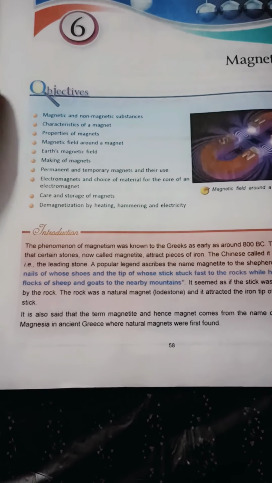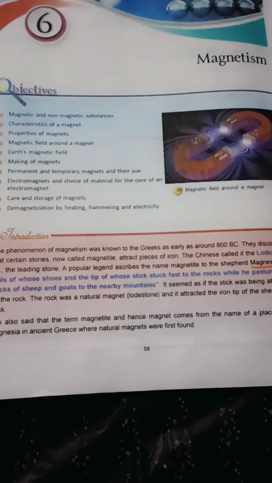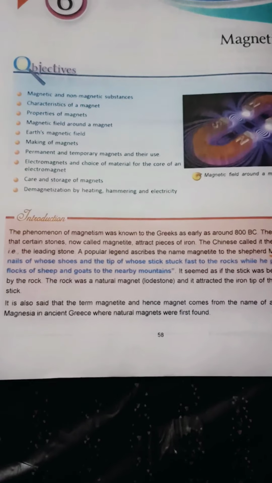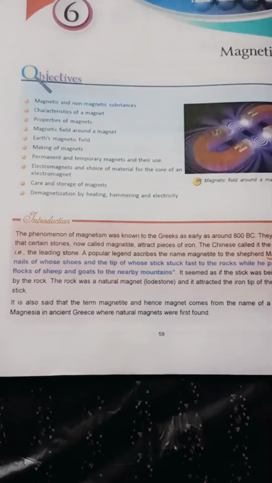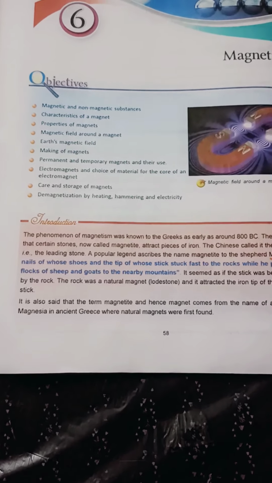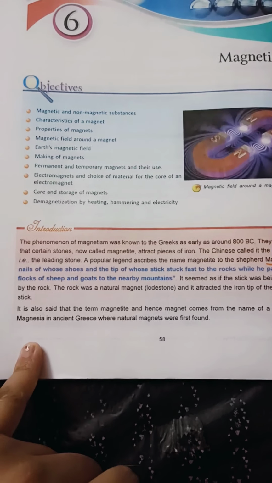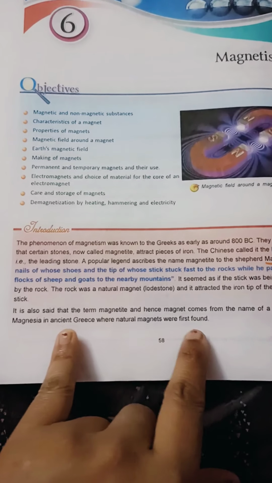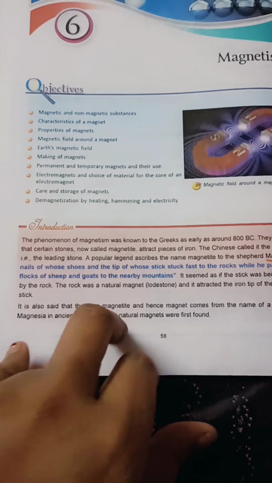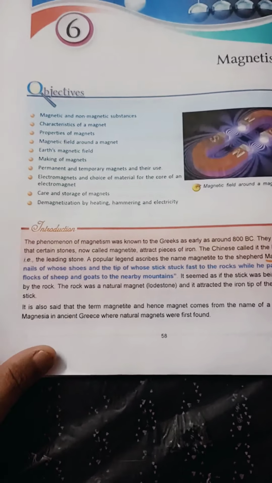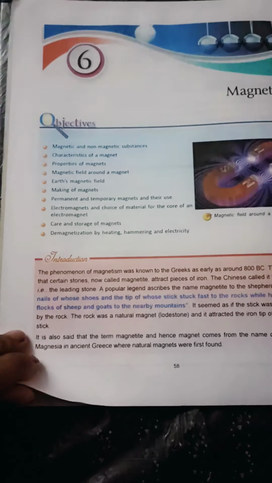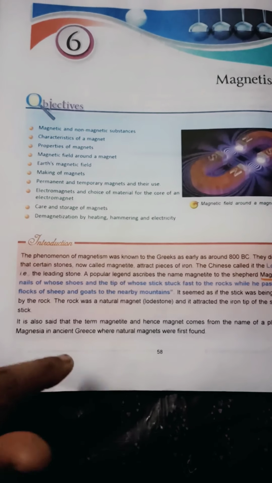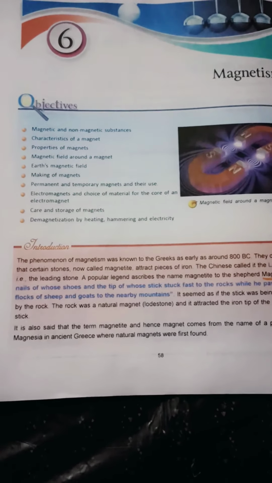It is also said that the term magnetite, and hence magnet, comes from the name of a place called Magnesia, where ancient Greece first found natural magnets. They found natural magnets for the first time in Magnesia, in Greece, and from there we got this name.